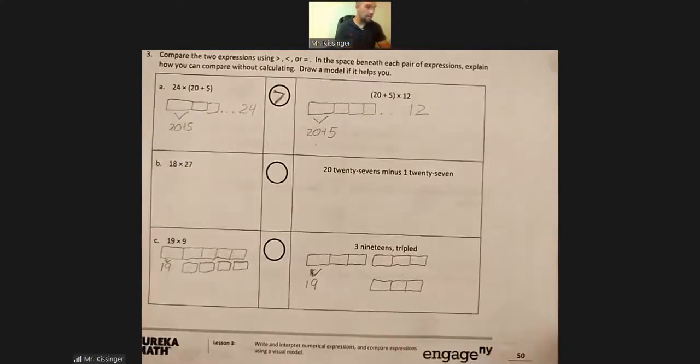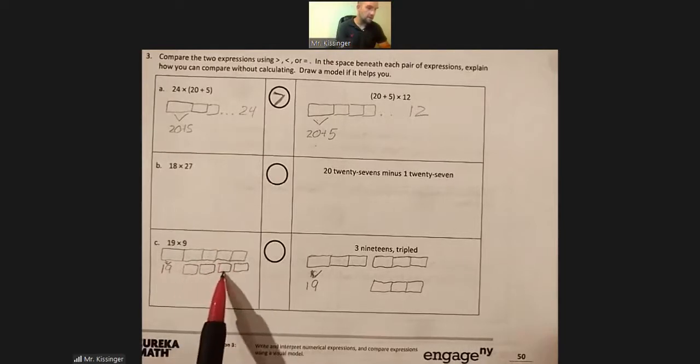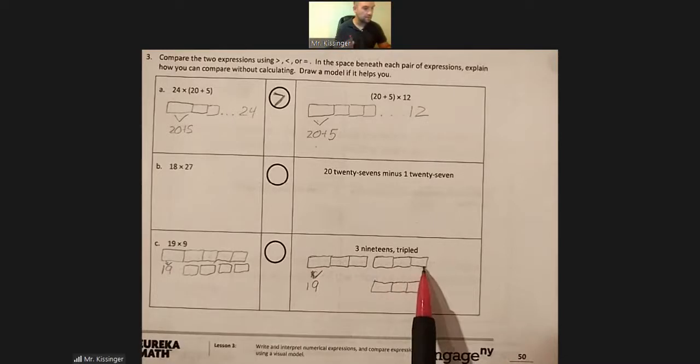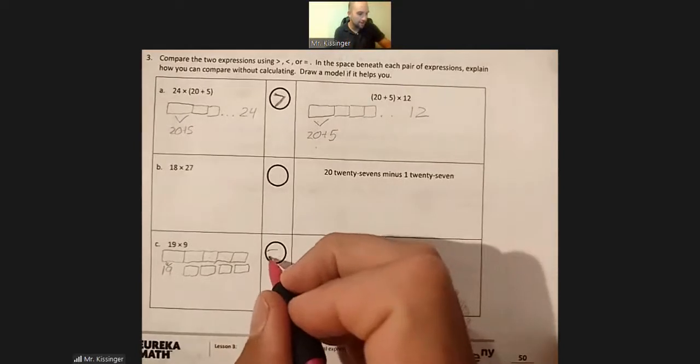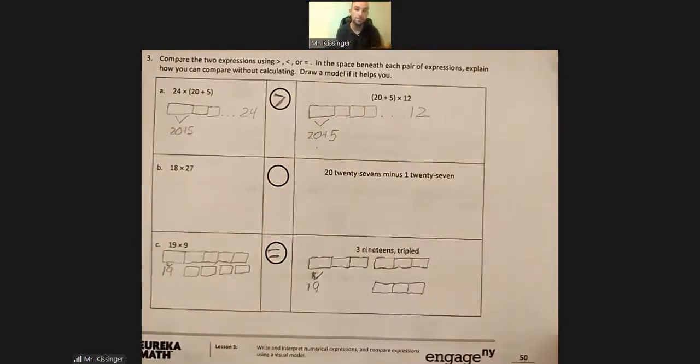All right, so how many 19s do we have? We have 1, 2, 3, 4, 5, 6, 7, 8, 9 on the left. And we have 1, 2, 3, 4, 5, 6, 7, 8, 9 on the right. So we have 9 19s and we have 9 19s. These are equal. Just two different ways of saying the same number.